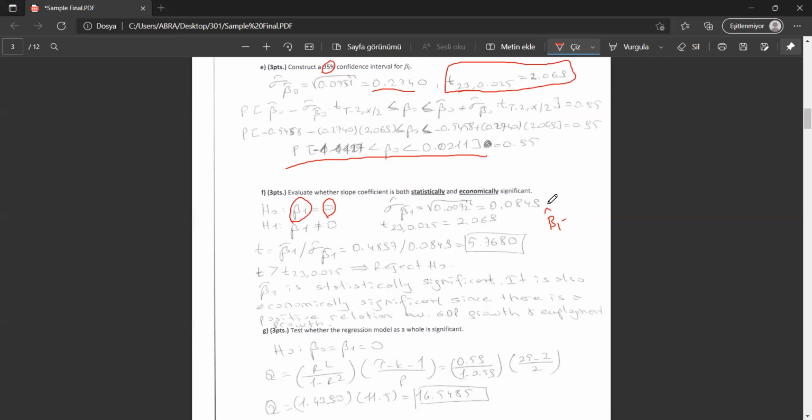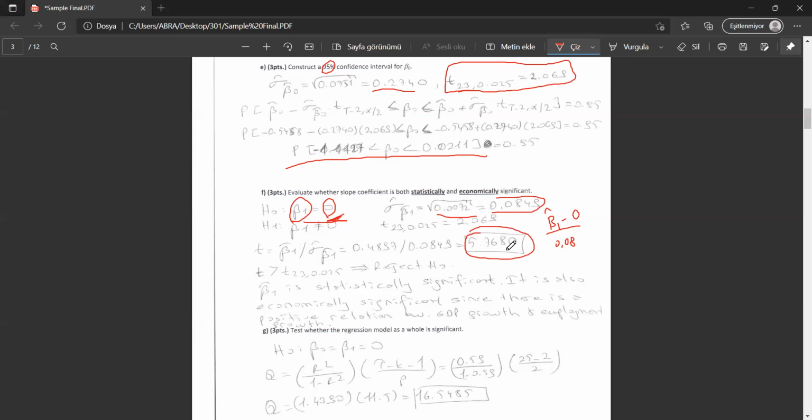So beta 1 hat, the estimated number, minus 0, over the standard error of beta 1 hat. And we have found the variance of beta 1 hat as 0.0072. By taking the square root of it, we can find the standard error of beta 1 hat. And here we divide and find the value as 5.76.